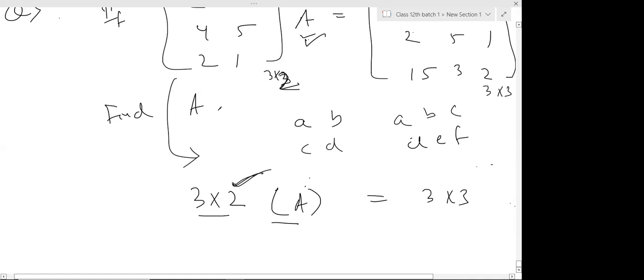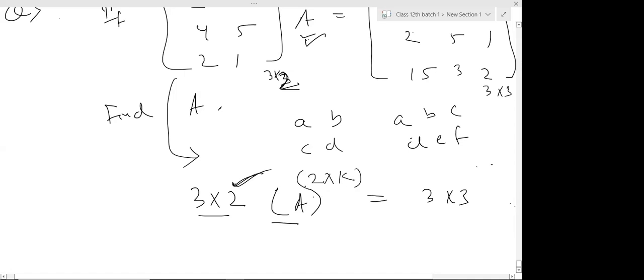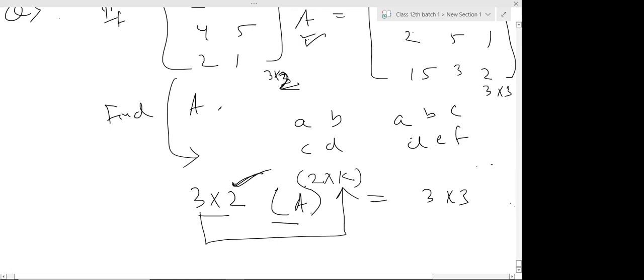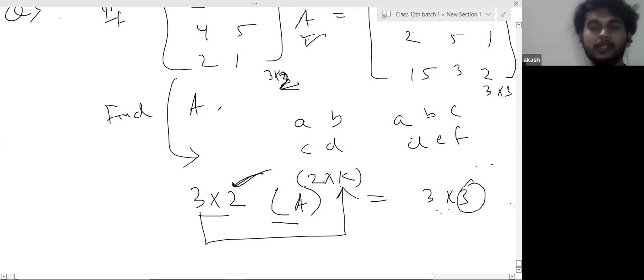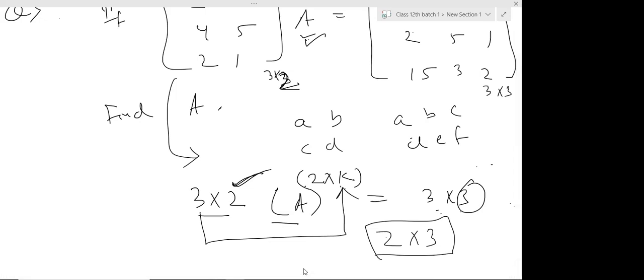So this must be 2 into some k value. Now we know that the resultant matrix has 3 by k order. So k must be equal to 3 also, because the resultant matrix has 3 by 3 order. So you have to assume a 2 by 3 matrix, 2 rows and 3 columns. Is this clear? Yes, sir.